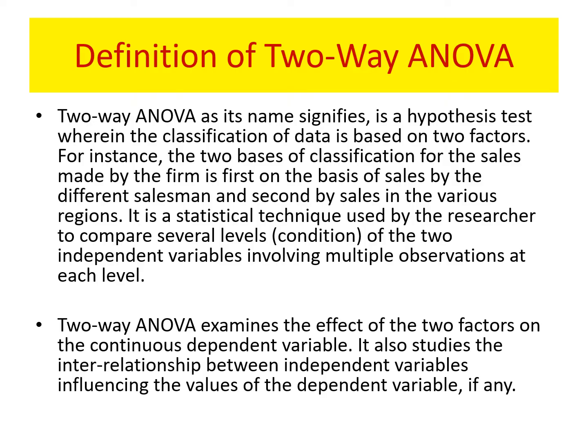For example, the two bases of classification for the sales made by a certain firm or corporation are, first, the sales by the different salesmen, and second, the sales in the various regions. So there are two factors being considered.